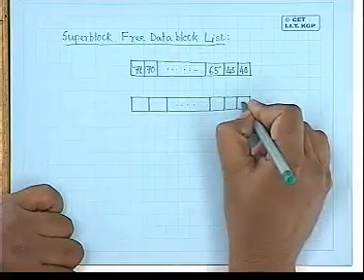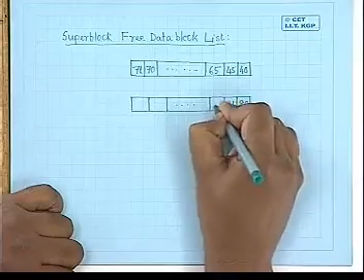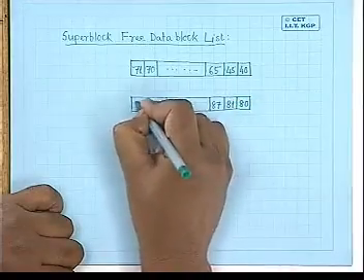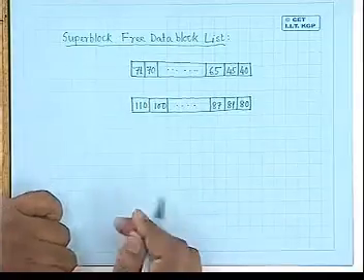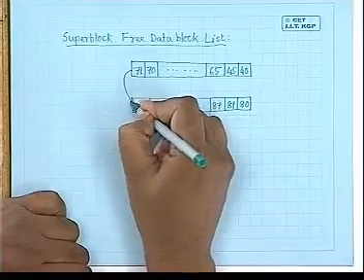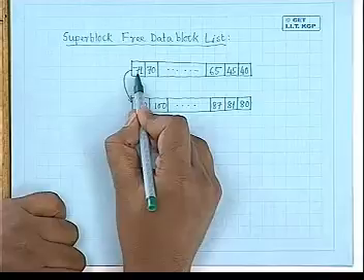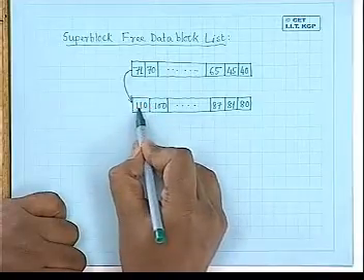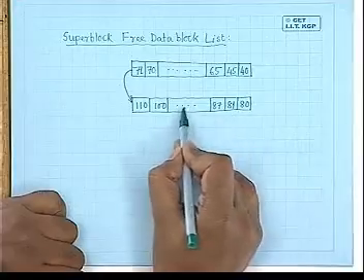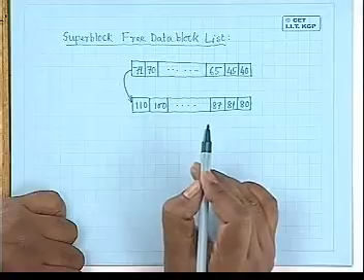After 70, maybe the free block which is available is 80, that may be 81, then maybe 87. So this may be 100, 110, and so on. Okay. So what is this? This is being maintained in the form of a linked list, where this 71 is a pointer to block number 71. Block number 71 will again contain an additional list of other free blocks.